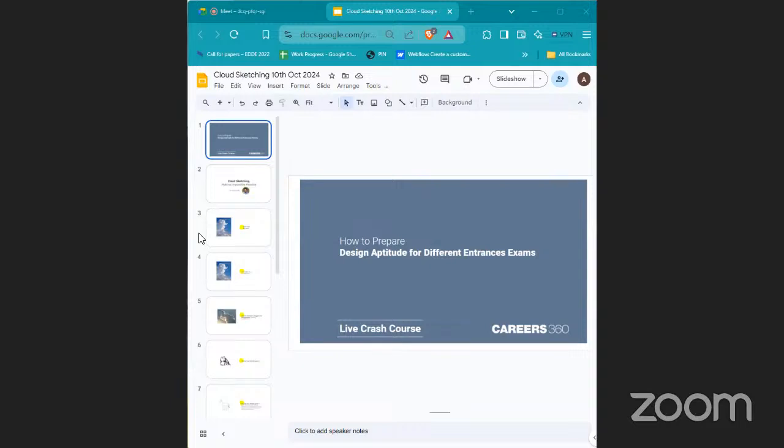Welcome to today's class. It is basically for everyone who wants to score in Part B, the sketching part or the design drawing aptitude part of the NID or any aptitude examination, where you are given a condition and sketching is used as a communication medium to express what is inside your mind for the given situation.